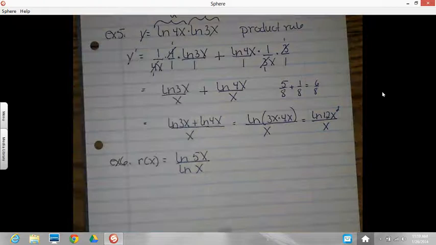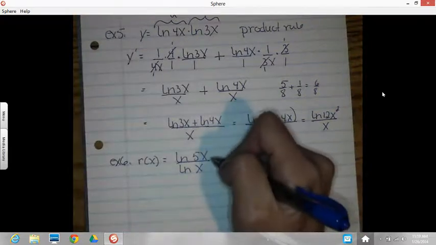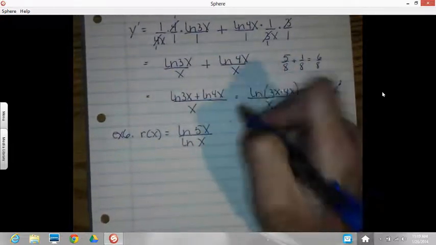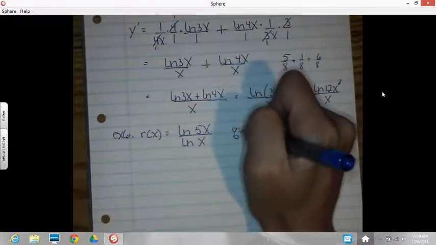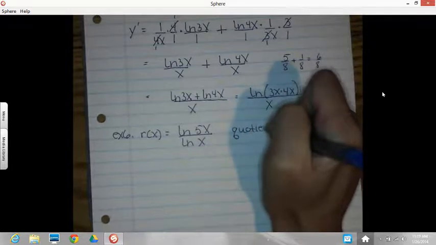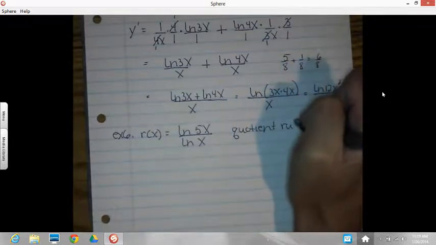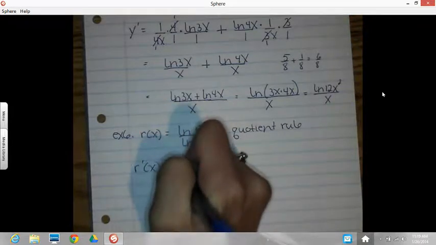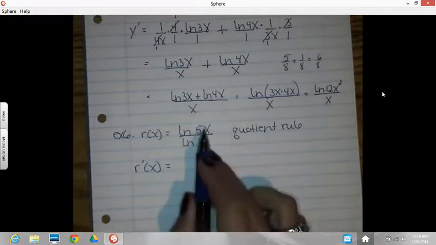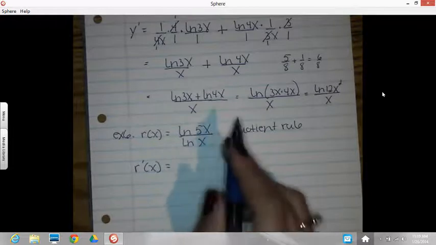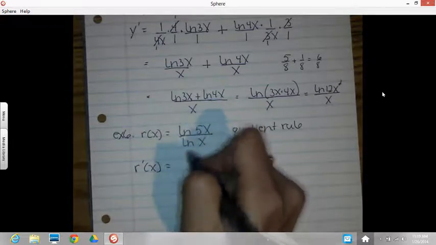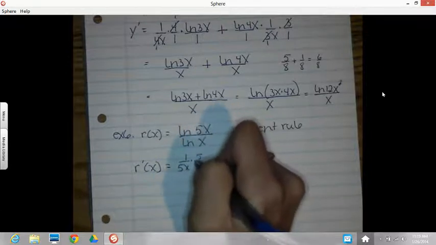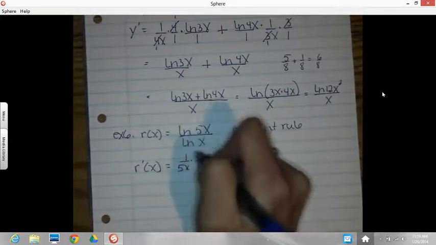So, I'm ready for what rule here? Think about it, an x divided by an x. You're going to follow quotient rule. So I'm ready for derivative, r prime of x. Quotient rule says take the derivative of your numerator, which is going to be a natural log derivative, which is 1 over 5x, times 5, times the bottom.